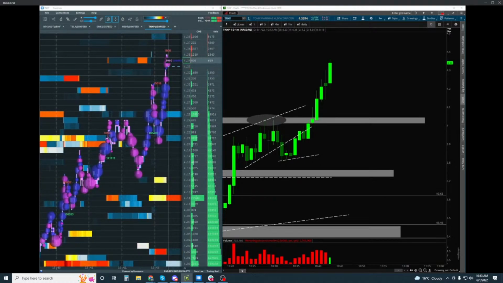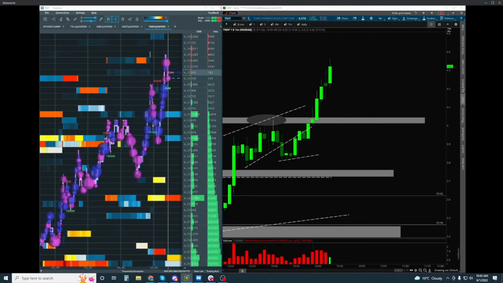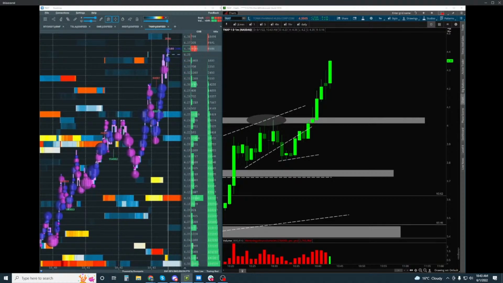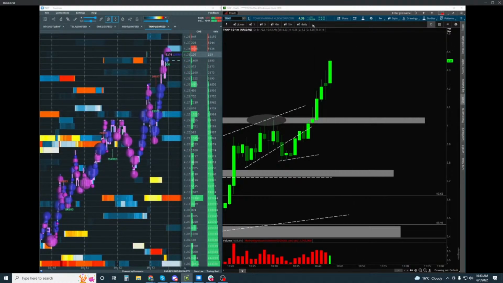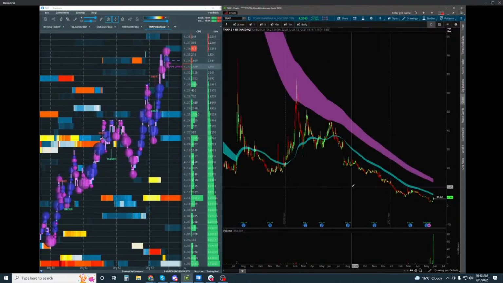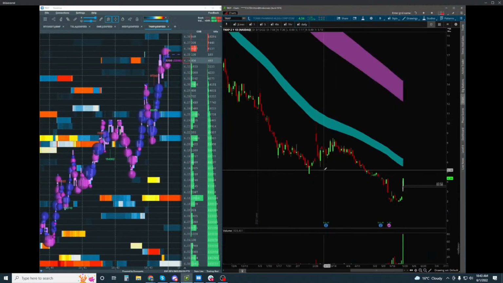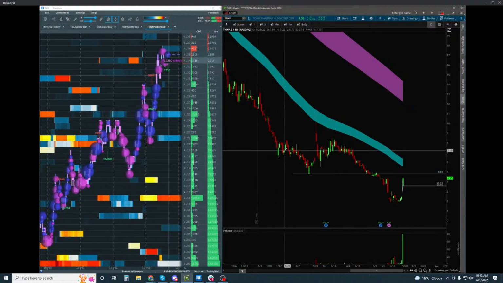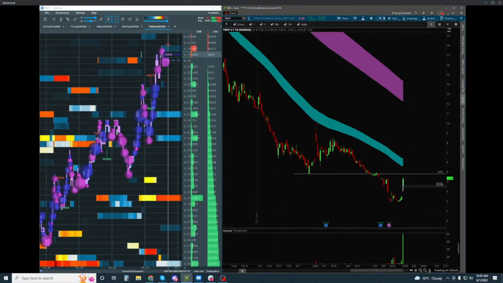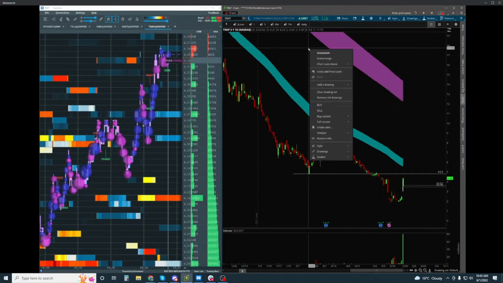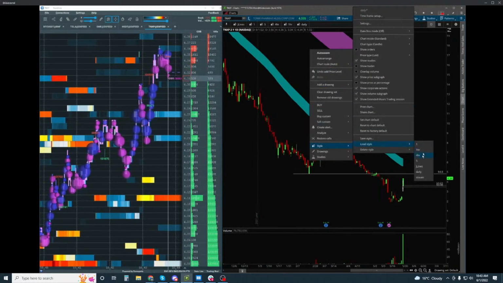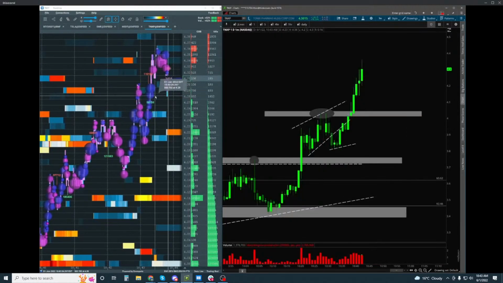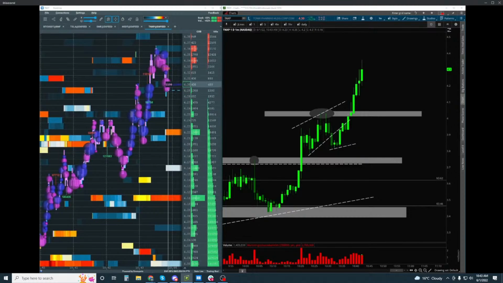Or 35 over here, still extending more, TNXP. Remember, you always have to know where the previous resistance is. Okay, and we have this main level over here, 480. So I'm looking for 480 over here. Steady constant trend over here.